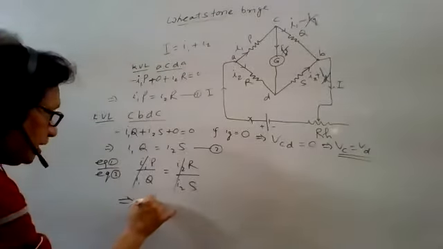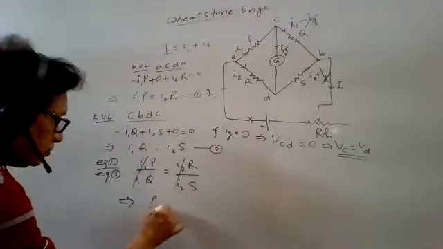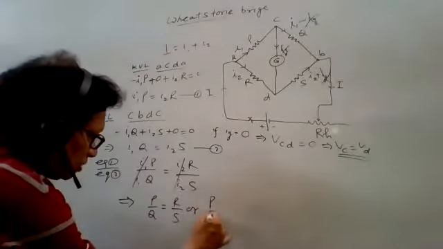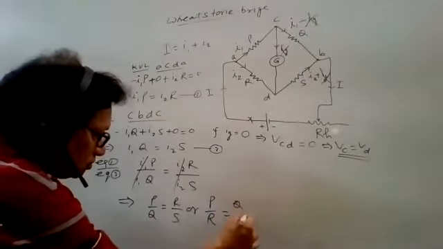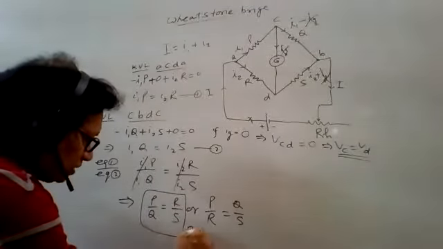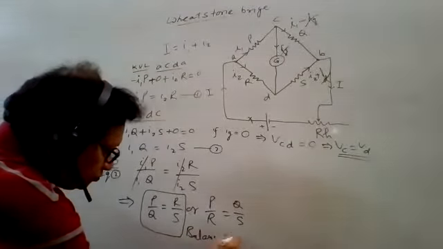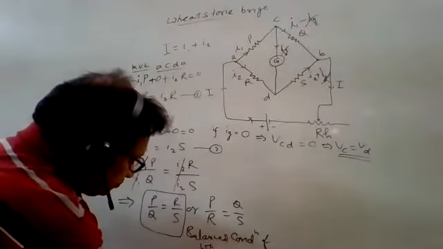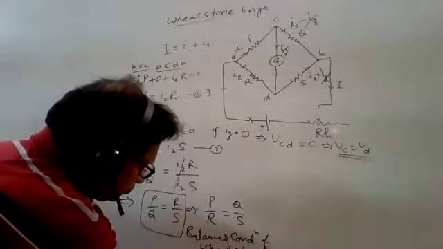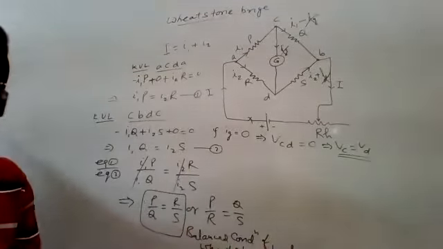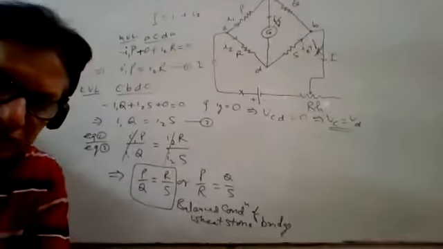We are getting this result P by Q equal to R by S, or after cross multiplication, this is also true. Both are the same thing. It is called the balance condition of Wheatstone bridge. This is the balance condition of Wheatstone bridge.